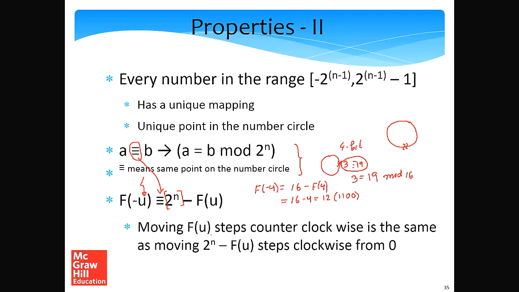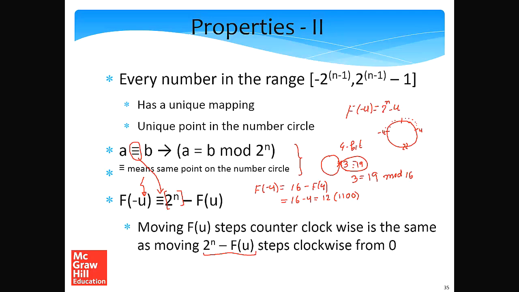Basically, moving a few steps in a counterclockwise direction is the same as moving 2 to the power n minus a few steps in a clockwise direction starting from 0. So let's consider if u is positive, then we'll have f of minus u is 2 to the power n minus u. The location for u in the number circle is, let's say, this point, and the location of minus u is, let's say, this point.